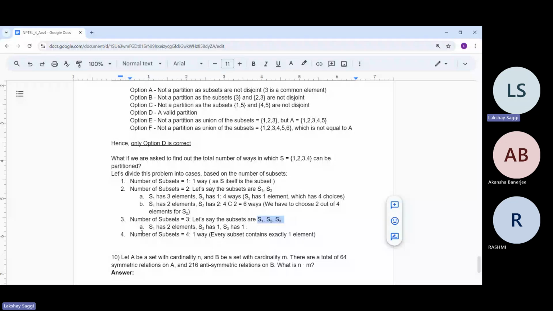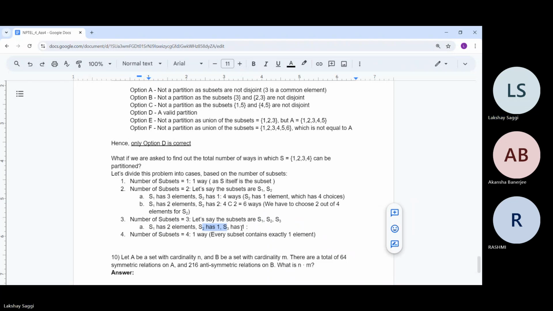If S1 just has two, then S2 will have one and S3 will have one. If S1 had something like three elements, then one of these should be zero. But we can't do this because we need all of these to have at least one element. And S1 cannot have one element because then S2 and S3 also will have a maximum of one element and the total number of elements will be less than or equal to three.